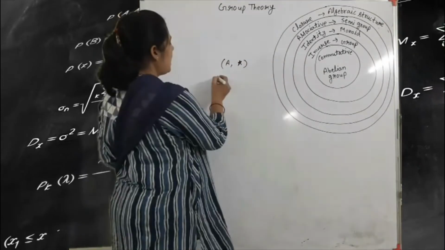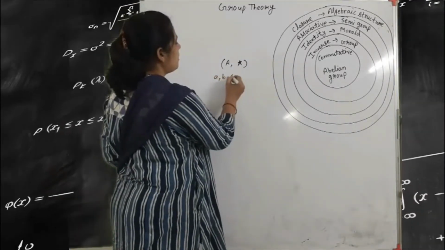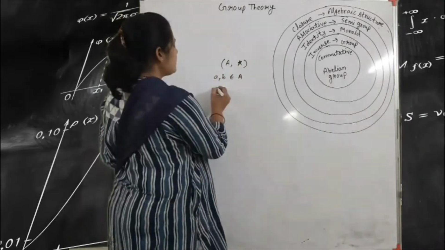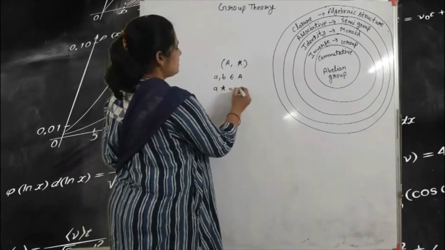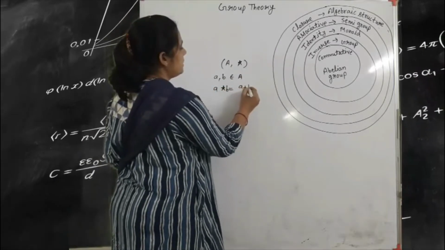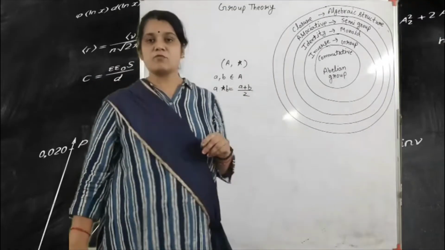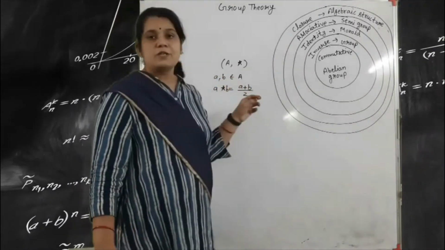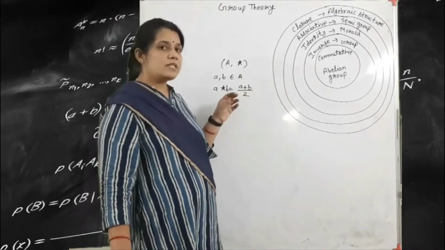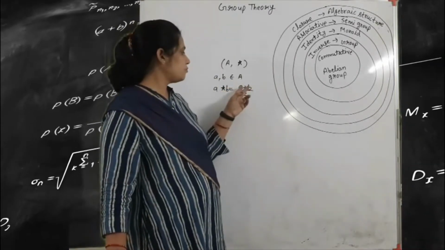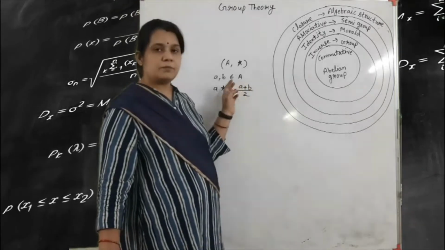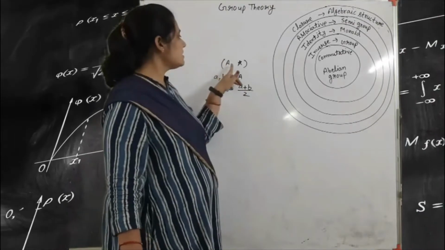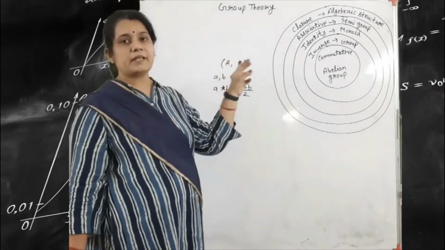If we have two elements a, b belonging to A, and the operation is star, and we consider a star b is equal to (a plus b) divided by 2, that means we always consider two elements, first sum both the elements and divide by 2. This is a type of algebraic expression.